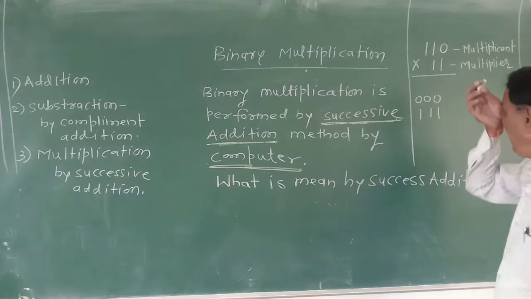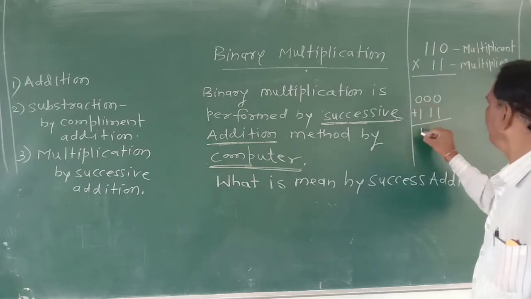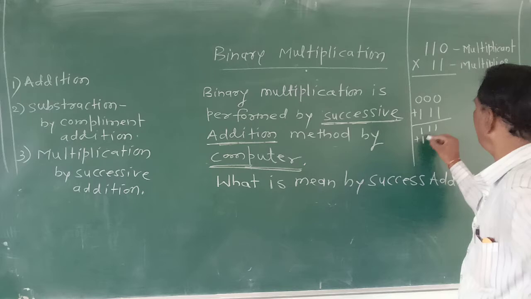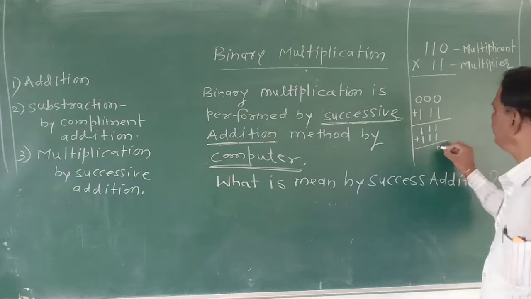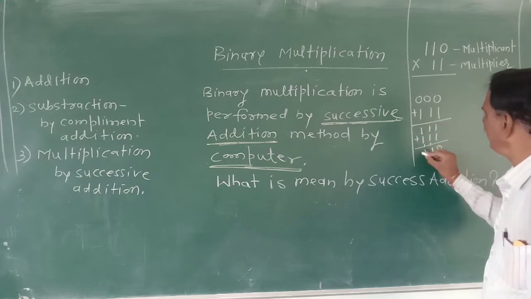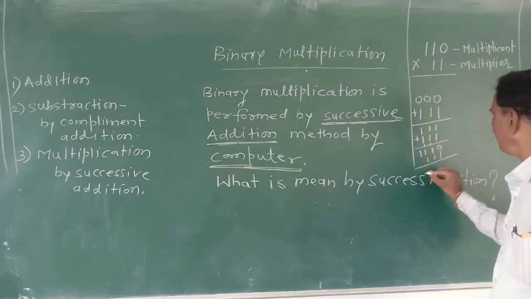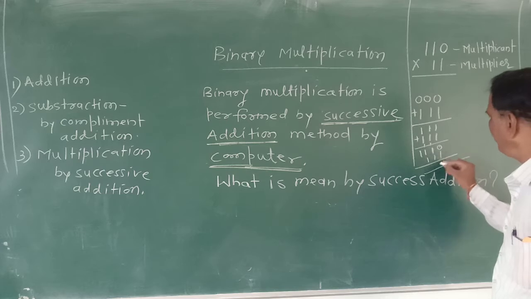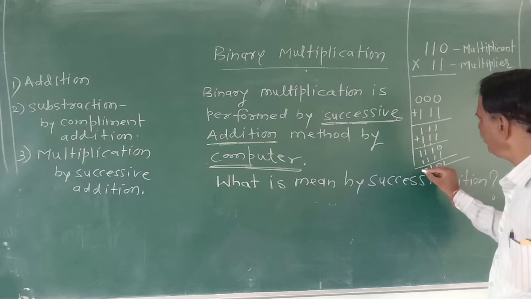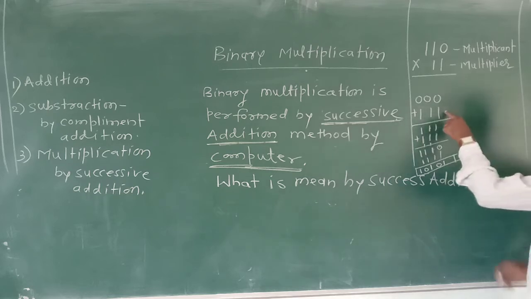So adding the multiplicand to 0 once, the result will be 1 1 0. Add the multiplicand again, 1 1 0: second time, 0 plus 0 is 0, 1 plus 1 is 0 carry 1, 1 plus 1 plus carry 1 is 1 carry 1. This is the answer. How many times have we done it? First time.